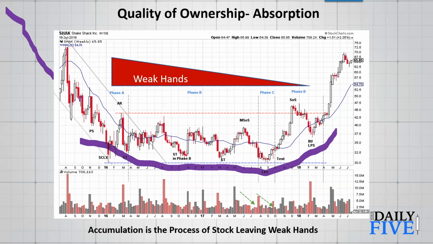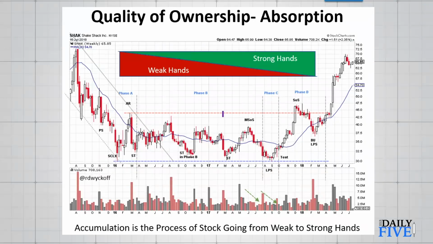And so we have here a schematic of the idea of weak hands. And what happens through the course of accumulation is stock is transferred through absorption from weak hands to strong hands. And so the strong hands ultimately absorb the stock that's available. And this is in stocks, companies that composite operators want to own.